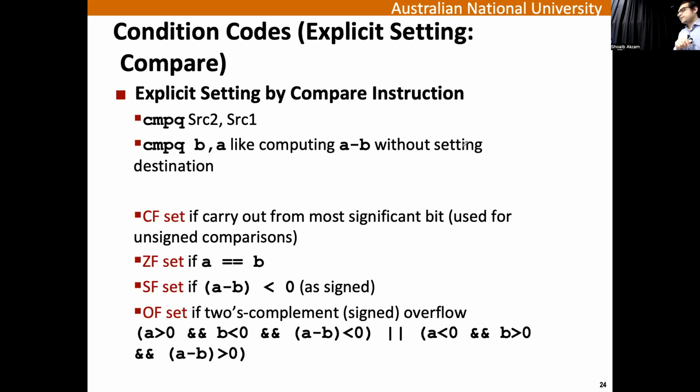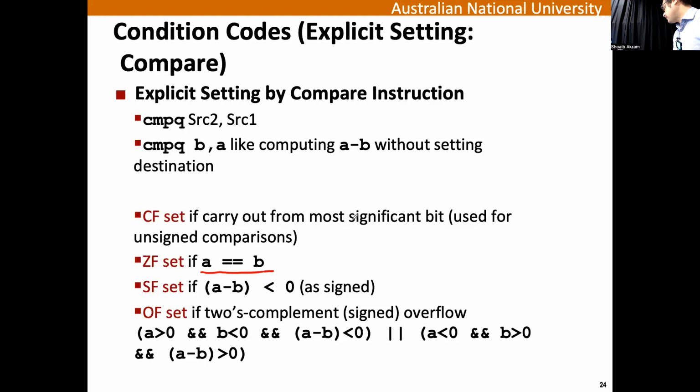So carry flag, zero flag. The compare instruction has two operands. Compare B, A, and then the CPU computes A minus B, and then sets the condition codes based on whether there's a carry, or if the result is 0. So if A and B are equal, then the zero flag is set.